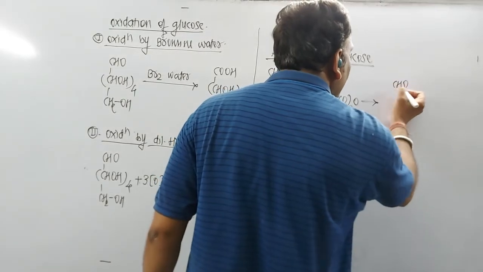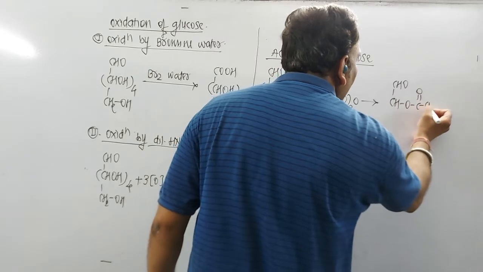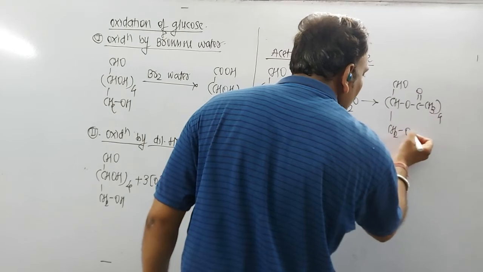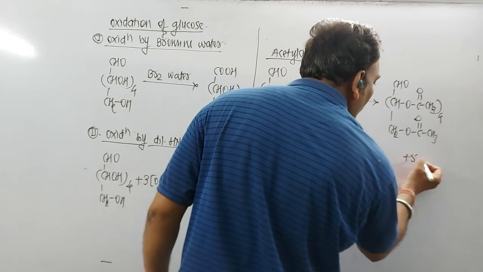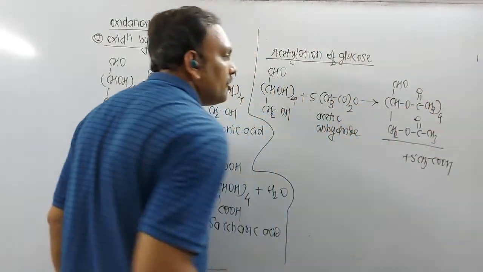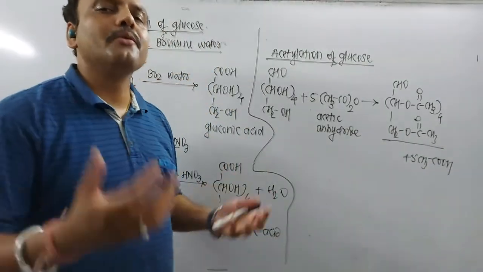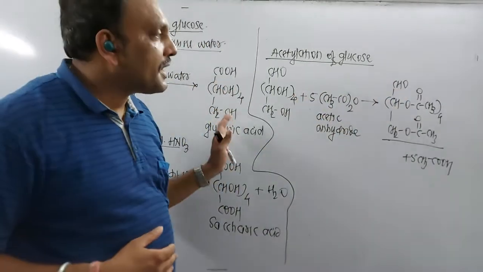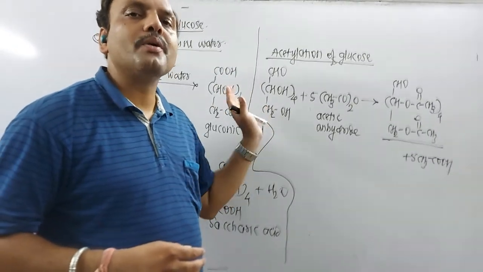So upon acetylation of all the OH groups in glucose, the product so obtained will be this product. So this is the ultimate product so obtained with the departure of acetic acid as a byproduct. So this is none other than glucose pentaacetate, or one can say pentaacetyl glucose. So formation of glucose pentaacetate indicates the presence of 5 hydroxyl groups in the molecule of glucose.